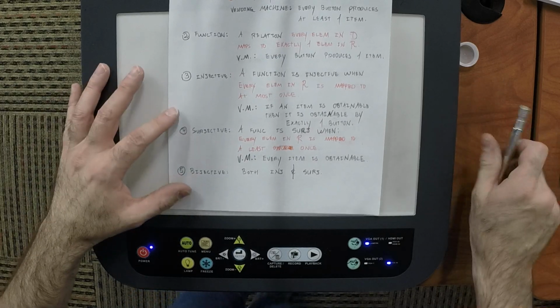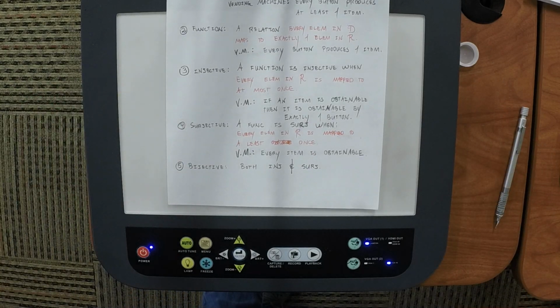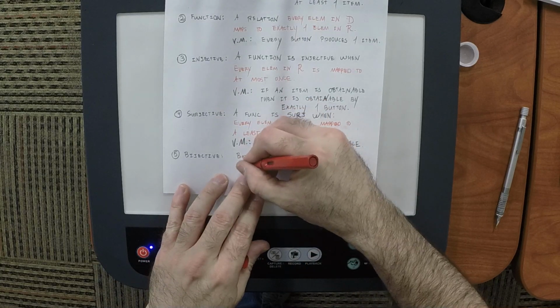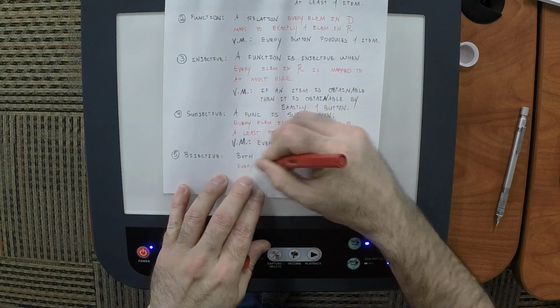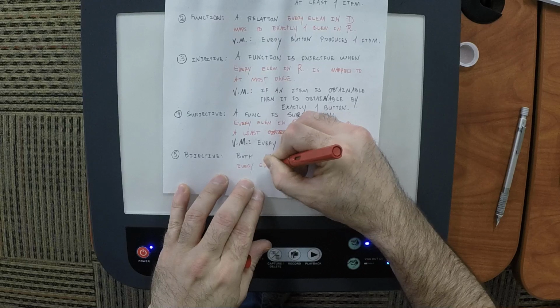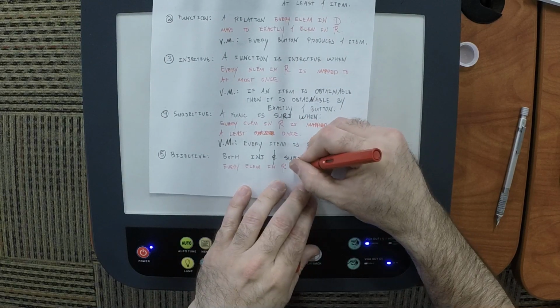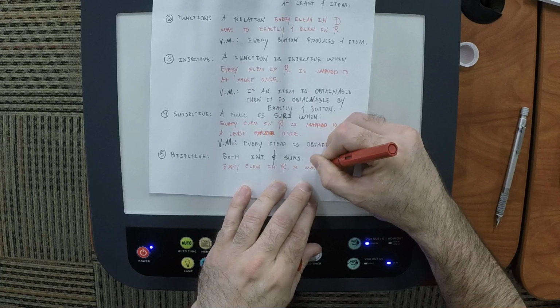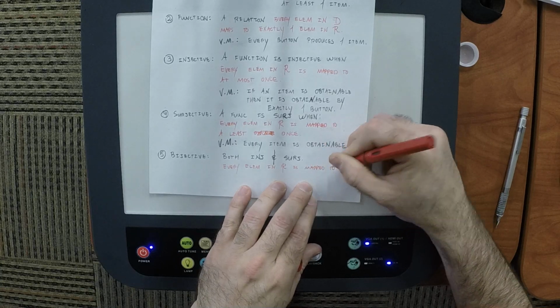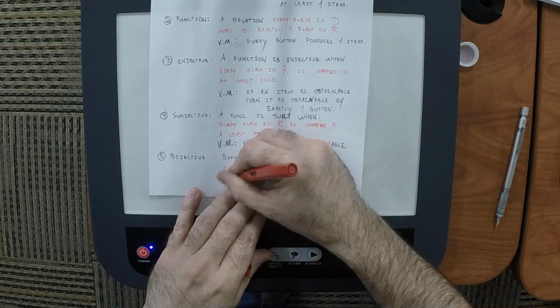The number is 1. So then every element in the range is mapped to now exactly once.